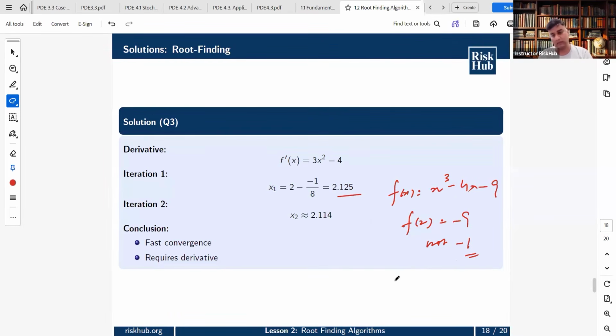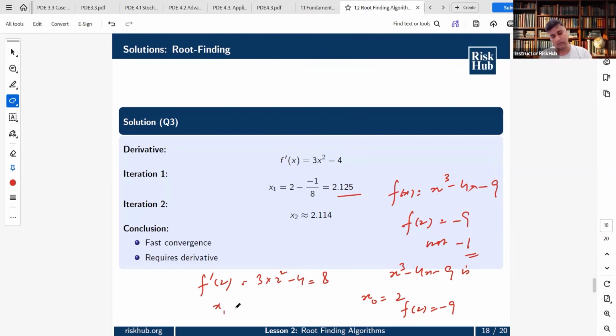So the correct Newton calculation here, for x cubed minus 4x minus 9, iteration 1, will be x naught equal to 2, f(2) equal to minus 9, and then f'(2) is equal to 3 into 2 squared minus 4, which comes out as 8.